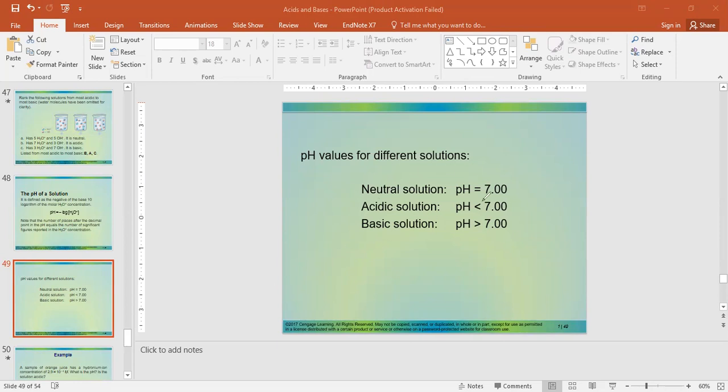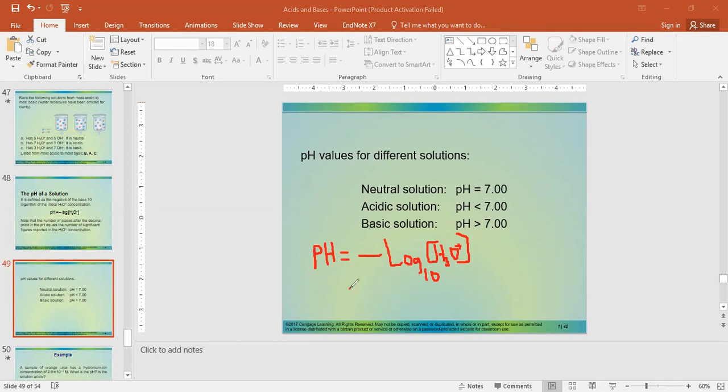So where is this coming from? pH is equal to negative logarithm to base 10 of the concentration of the hydronium ion. Now, in a neutral solution, what is the concentration of the hydronium ion? The concentration is 10 to the power minus 7.